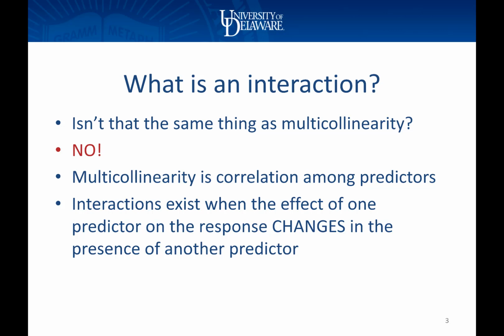So multicollinearity is just a relationship: do sun and heat happen together? And for an interaction, the question is, how does sun and heat happening together affect ice cream sales differently than just sun or heat alone? So it's really about the effect on the response variable.